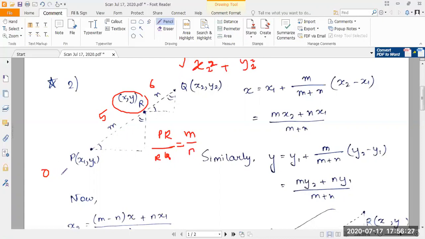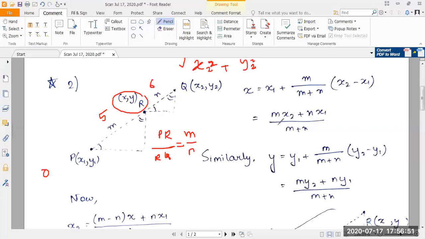So R covers this distance x1 plus the fraction m by m plus n of the total horizontal distance between point P and Q. So x equals x1 plus m by m plus n, the portion that is covered by R, into x2 minus x1.